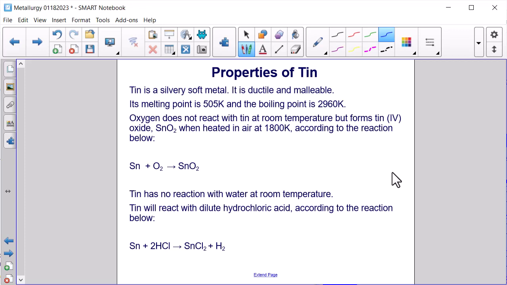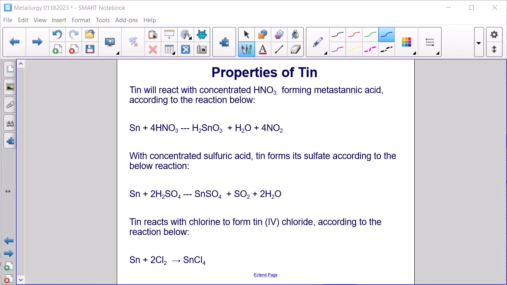Tin will react with dilute hydrochloric acid according to the reaction Sn plus 2HCl to produce tin-2 chloride and hydrogen gas. Tin will react with concentrated HNO3, nitric acid, forming metastannic acid according to this reaction below, the reaction of tin with HNO3 to produce this metastannic acid.